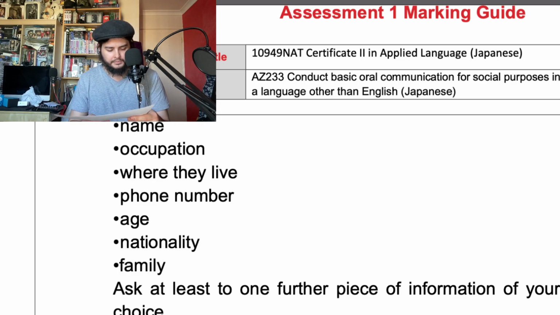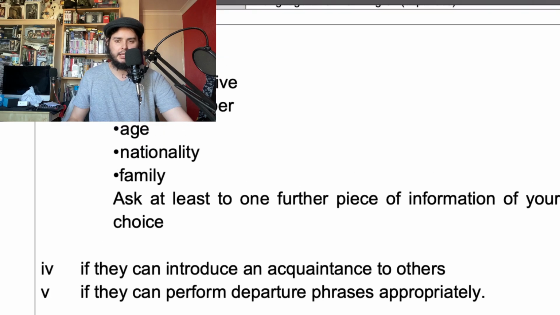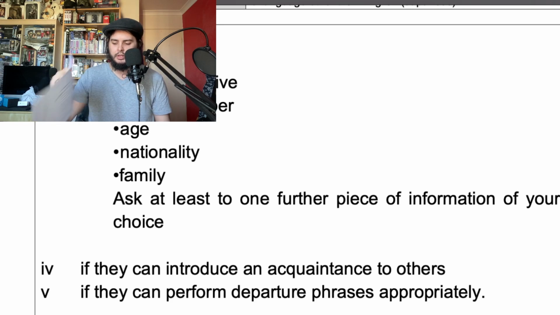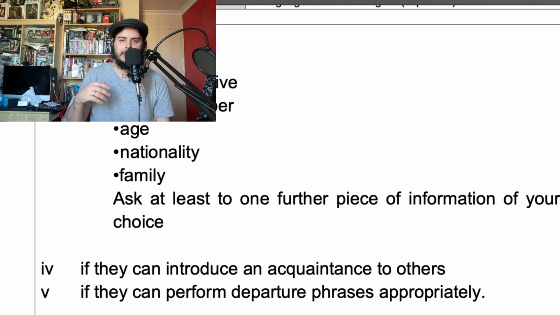And then moving on to the third piece, which is down here: if they can introduce an acquaintance to others. I did two options here. The first one was me trying to introduce my mother and my younger brother.